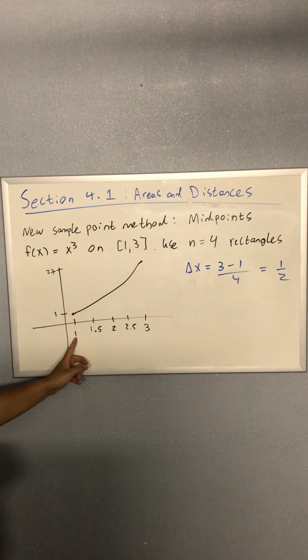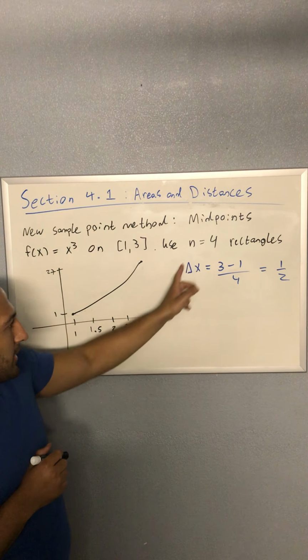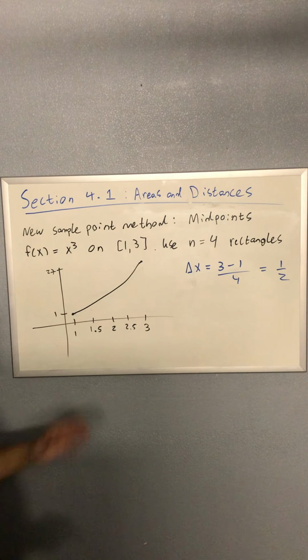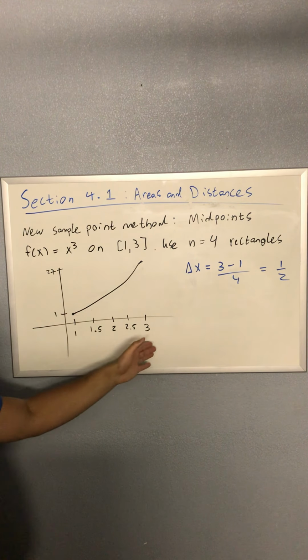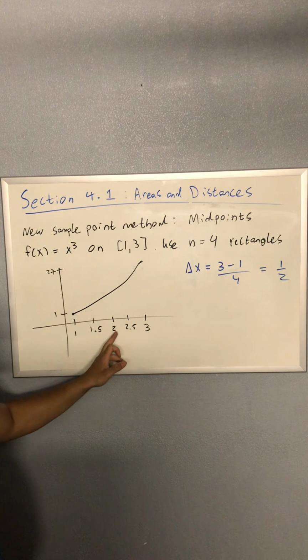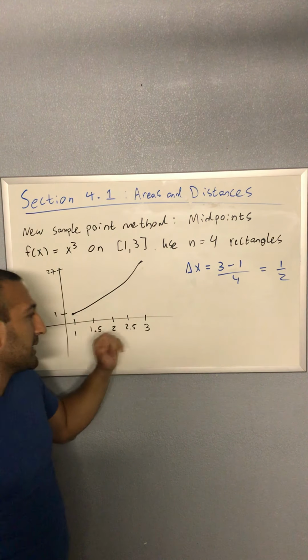So if I take delta x and add it a bunch of times to the very first point, I get to where I need to be. 1 plus delta x is 1.5, 1.5 plus delta x is 2, 2 plus delta x is 2.5, and another delta x is 3.